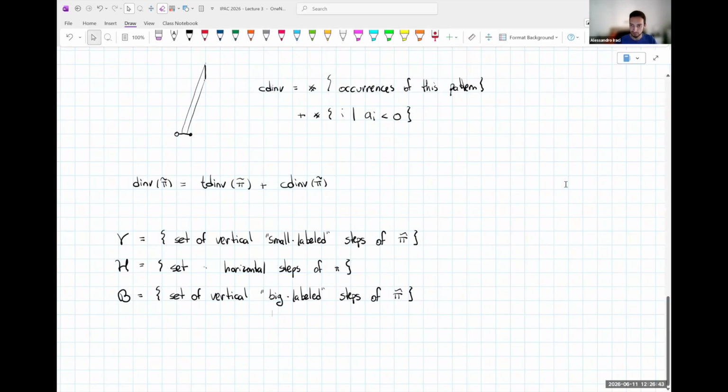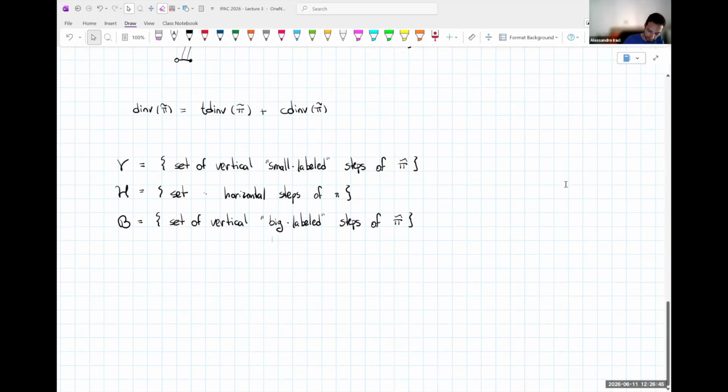Then I think we had two more things, which is D, the decorated south steps.